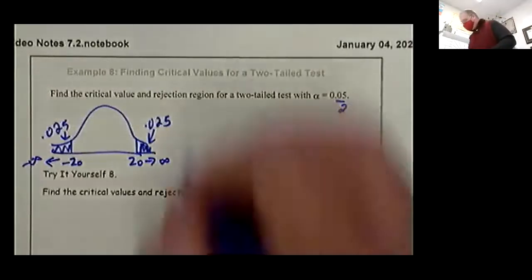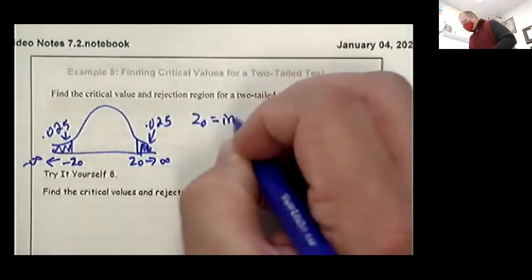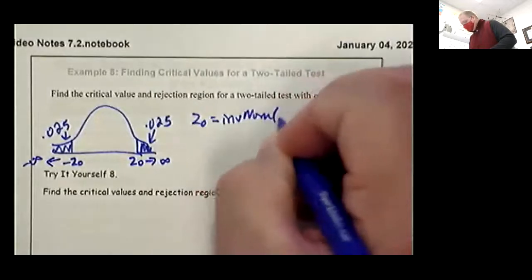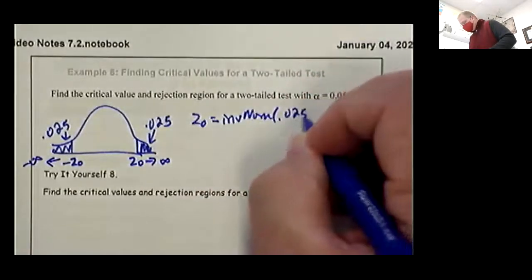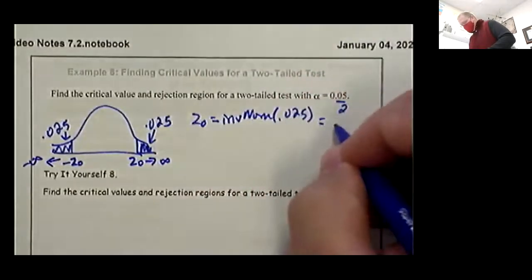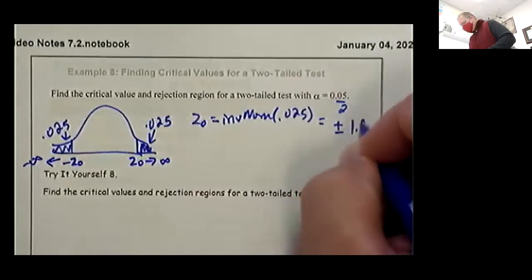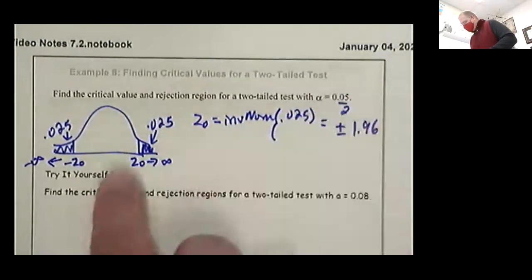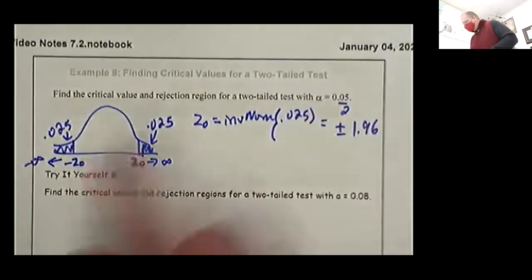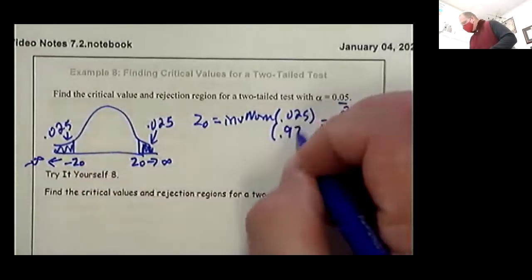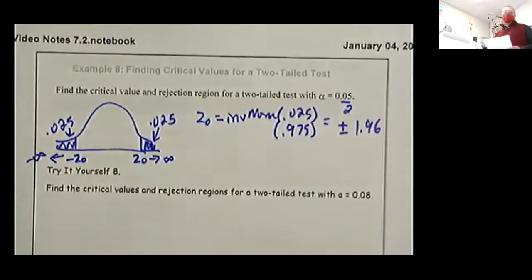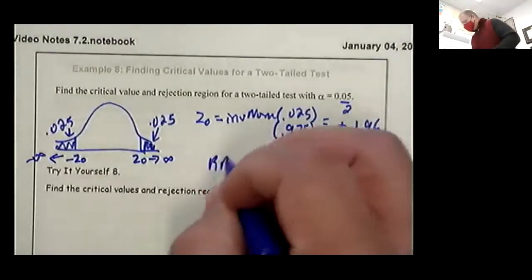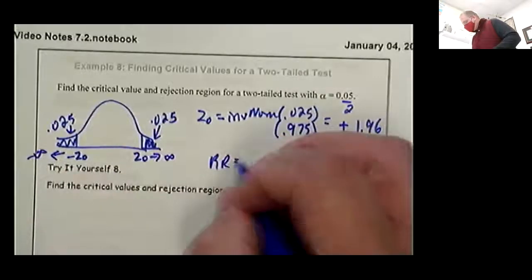To find that value, we're going to say our Z naught is inverse norm of 0.025. And that's going to be plus or minus 1.96. Technically, we would actually add 0.95 to that and get 0.975, and that would give us the positive value. Therefore, our rejection region has to match this picture, and it's going to look like this.